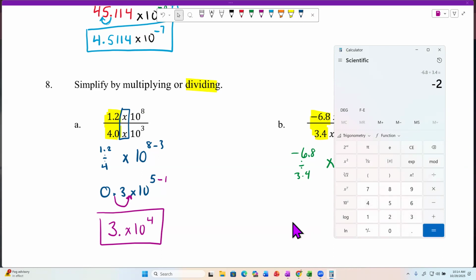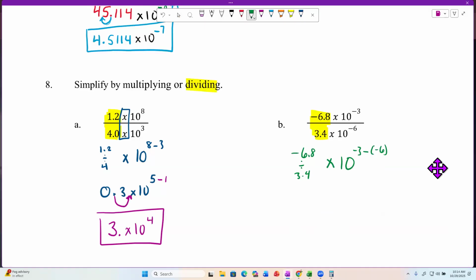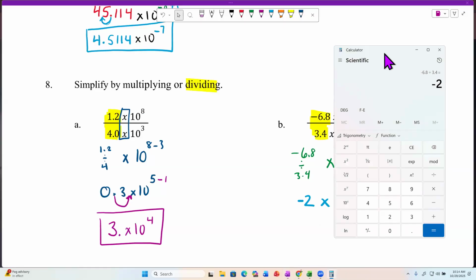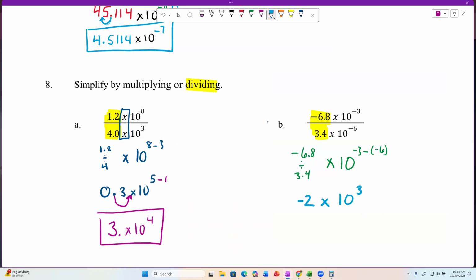We get -2. That's nice. So all of this is equal to -2 times 10. I'm not the best with subtracting, let alone subtracting negatives. So -3 minus -6 is +3. That's a little weird, but that's what the calculator told me.